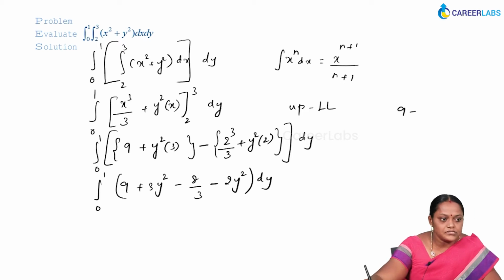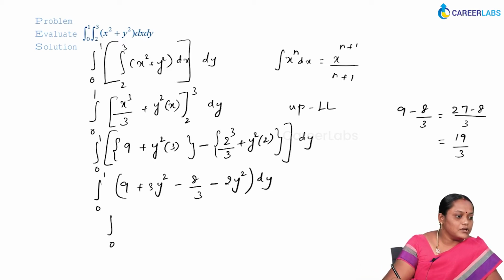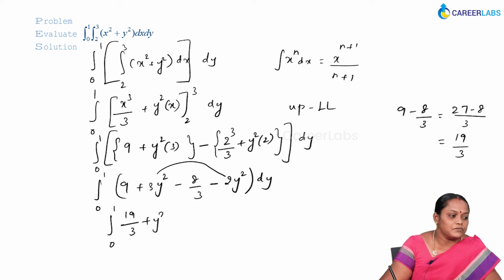Let us simplify this. So here you are going to get 9 minus 8 by 3. When you take the LCM, it is 27 minus 8 divided by 3. 27 minus 8 will give you 19 divided by 3. So this is equivalent to integral 0 to 1 19 by 3. When you combine these two terms, that is 3y square minus 2y square will give you plus y square.